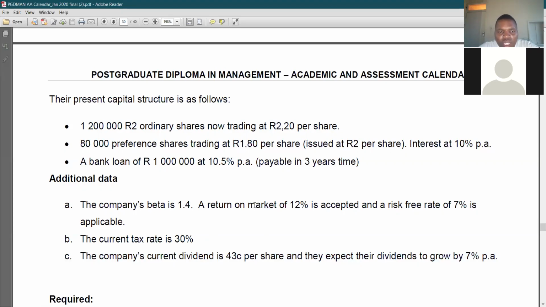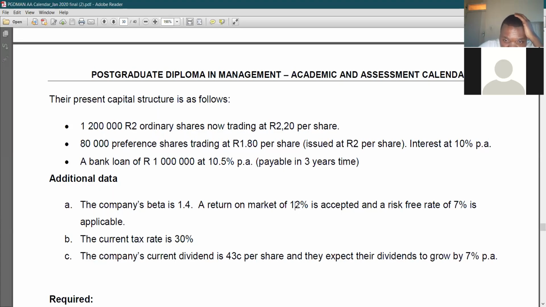And one more thing that you should have in mind is that you need to decide whether to use the percentages as they are, like 12%, 7%, or change these to decimals. So you need to master that as well.